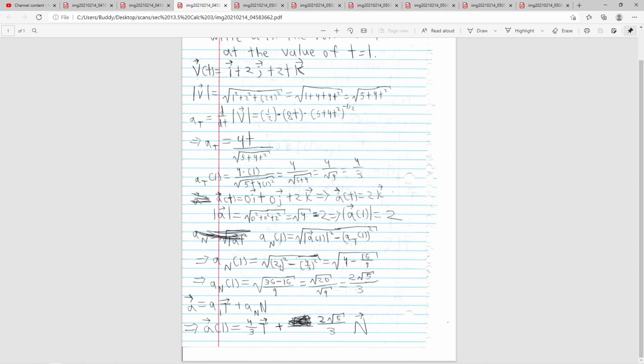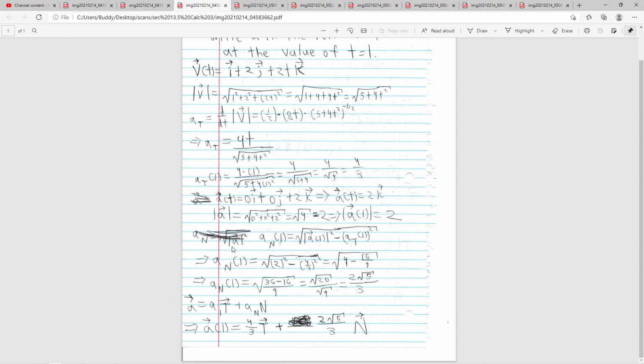The square root of 2 squared minus 4/3 squared, that's 4 minus 16/9. We can multiply 4 by 9/9 to get 36/9 minus 16/9, you keep the denominator together. Then it's equal to the square root of 20 divided by the square root of 9, which is equal to 2 square root of 5 divided by 3.